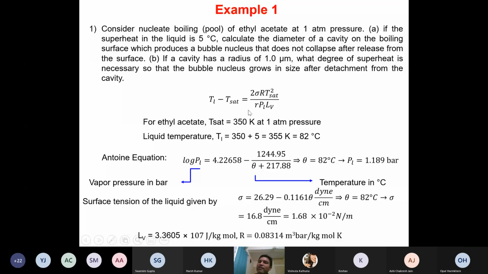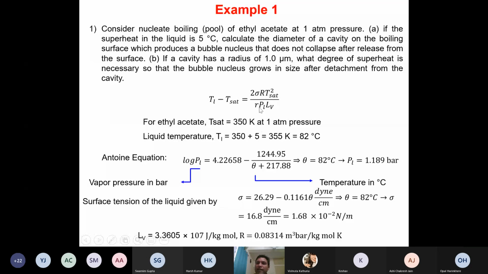Okay, now since we are looking for the data of ethyl acetate, the temperatures are given here, but we don't know the value of P_L, the pressure in the liquid. This pressure in the liquid can be obtained from the Antoine equation.